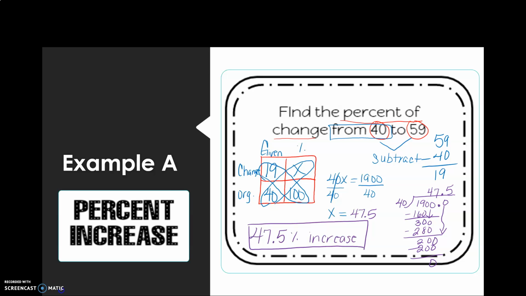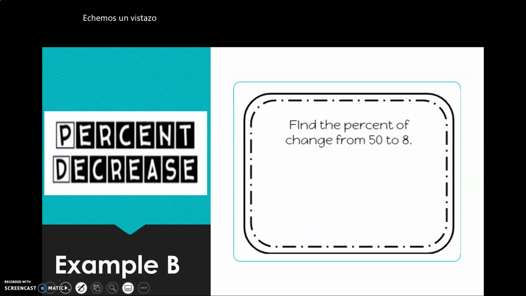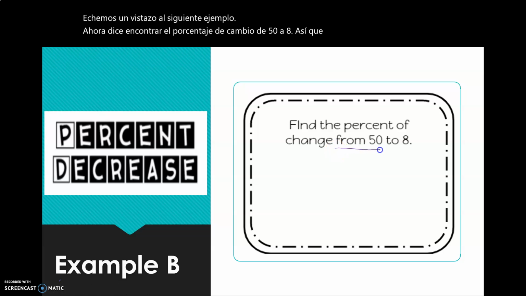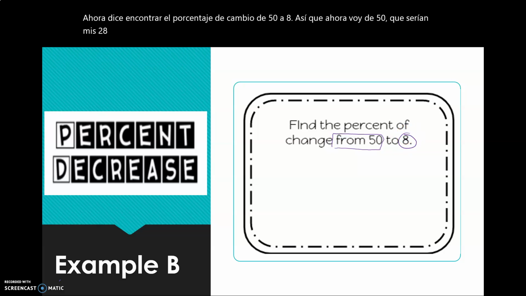Let's take a look at the next example. Now it says find the percent of change from 50 to 8. So now I'm going from 50, which will be my original, to 8, which is why it is a percent decrease. We are still going to set it up the same. Set up your proportion box.